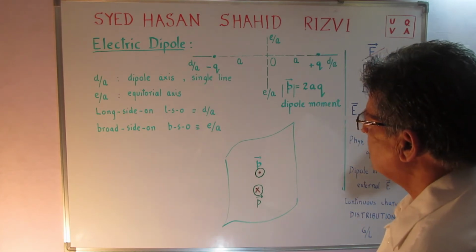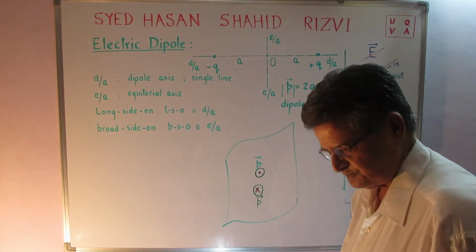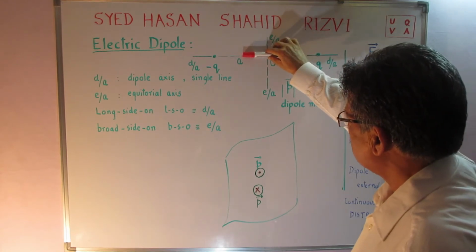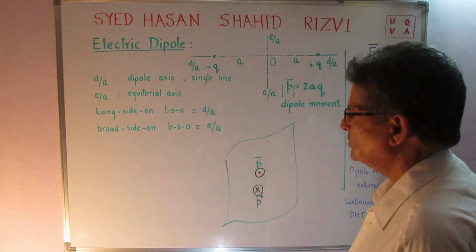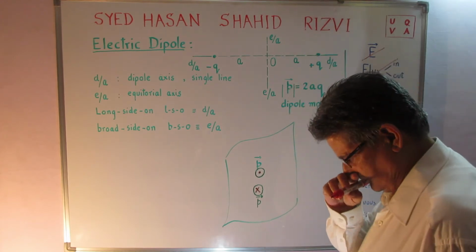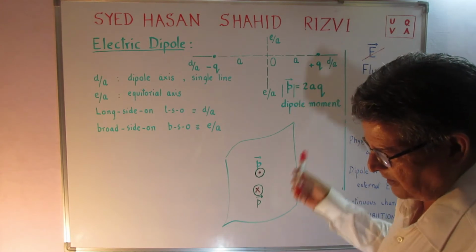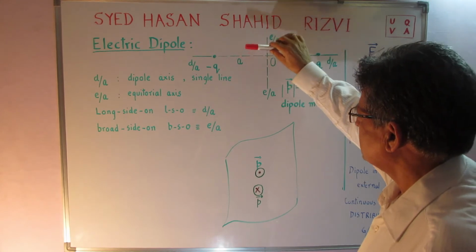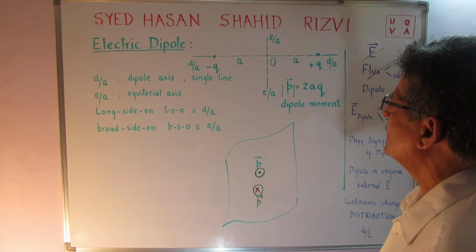Well, the dipole is assigned a dipole moment, which is a vector. The vector points from the negative Q to the positive Q, from minus Q to plus Q. And the magnitude of this P is equal to the separation between the two charges multiplied with the value of one charge. And of course you have to bear in mind that the direction is P cap, the cap vector is like this. Okay.